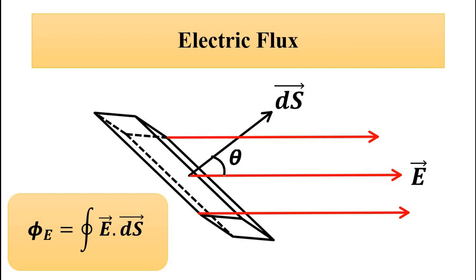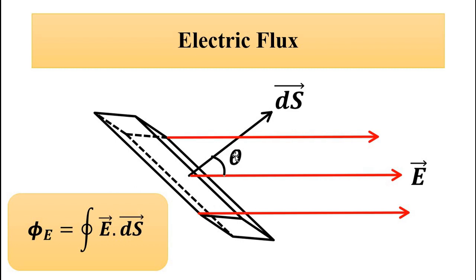This is the closed surface integral of the dot product of the electric field vector and the surface area vector, which is perpendicular and drawn outwards, normal to the surface. So this is electric flux. What is the definition of electric flux? The number of electric field lines passing through the surface.